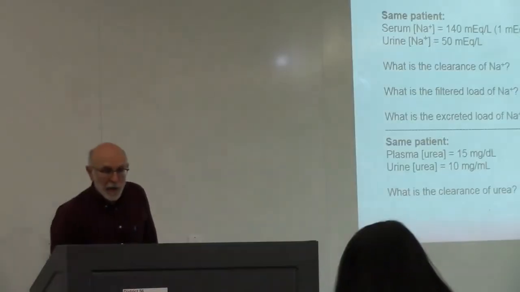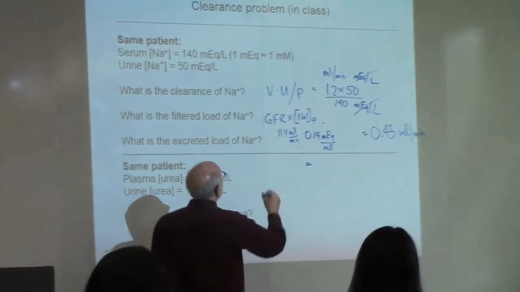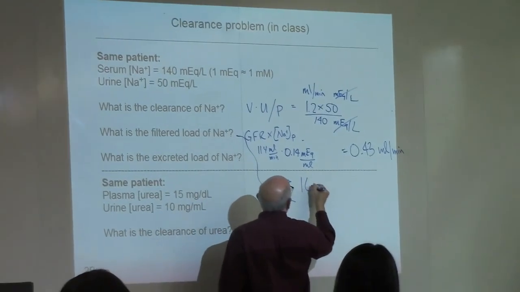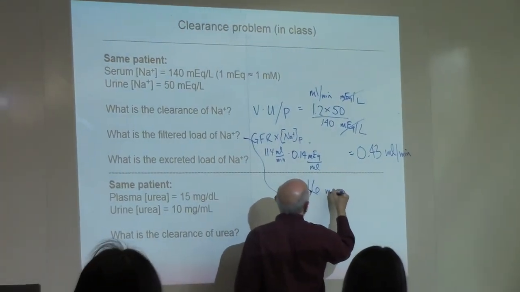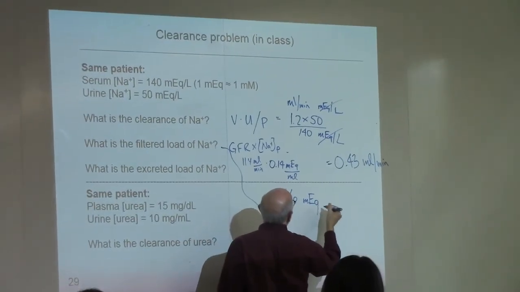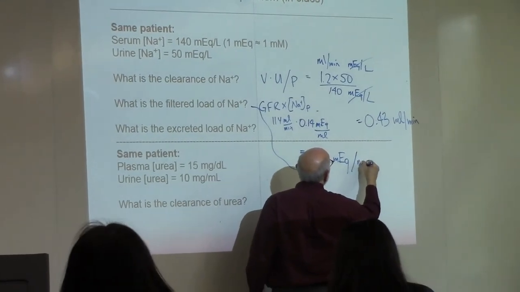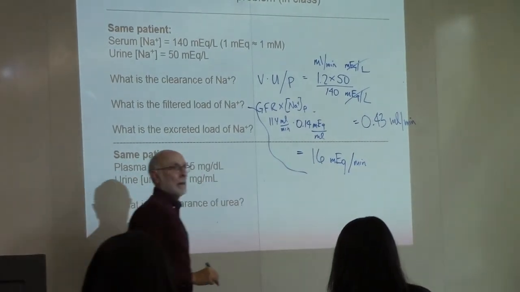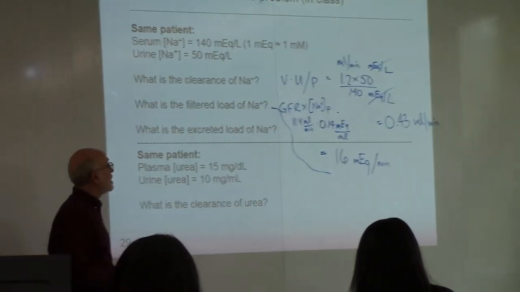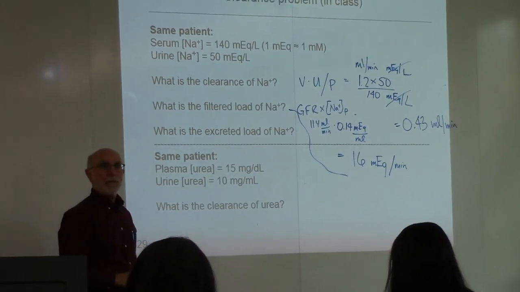Do the calculation, I think it comes out to 16. What are the units? Milliequivalents. It's not milligrams here because we're dealing with milliequivalents per minute. The filtered load is 16 milliequivalents per minute.